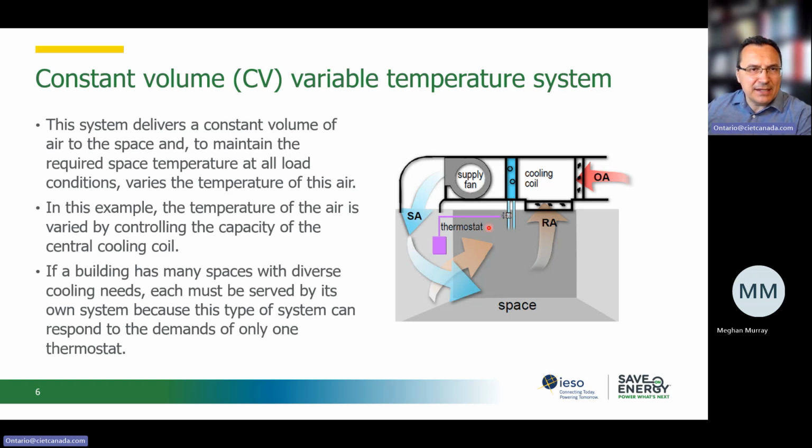But the key element here is that we are using a constant volume fan, which means that in order to modulate the amount of service we provide to the space, heating, cooling, humidification, dehumidification, we change the input into that particular air conditioning function. So in this example here, we can modify the position of the valve that controls the amount of cooling the cooling coil will provide to the air that is distributed into the space.